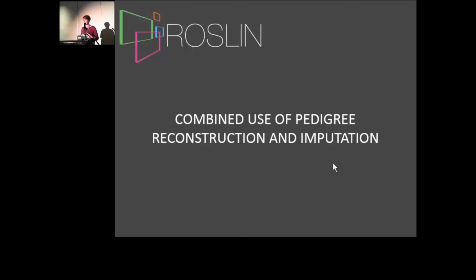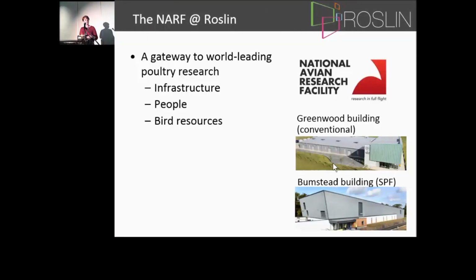In terms of combining these two different approaches, which is what we're hoping to do in the NAF, I think we'll be able to generate some useful projects. A little bit about the NAF, the National Avian Research Facility at the Roslin: we consider it a gateway to poultry research.